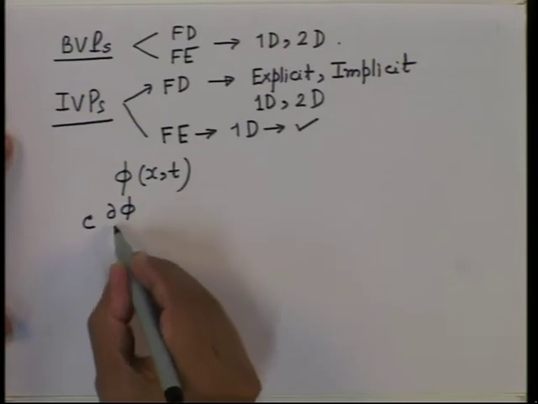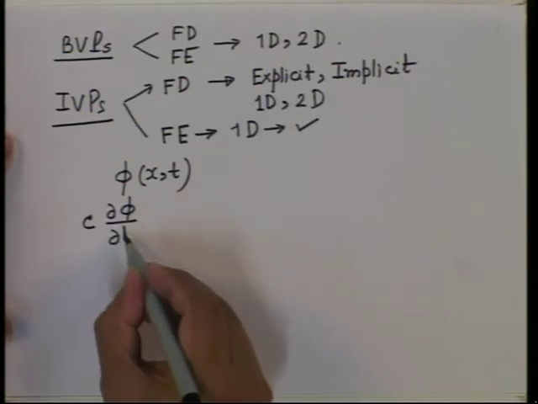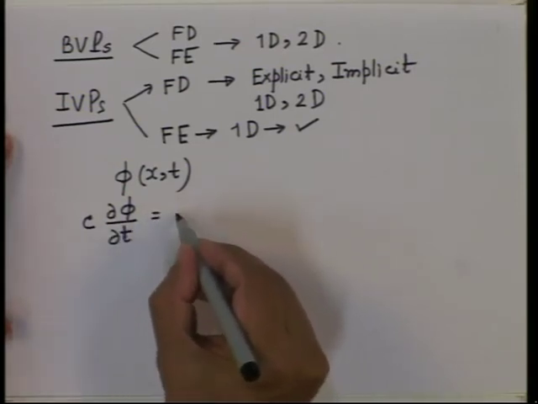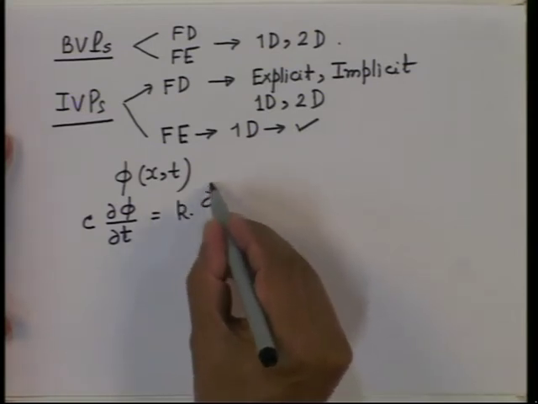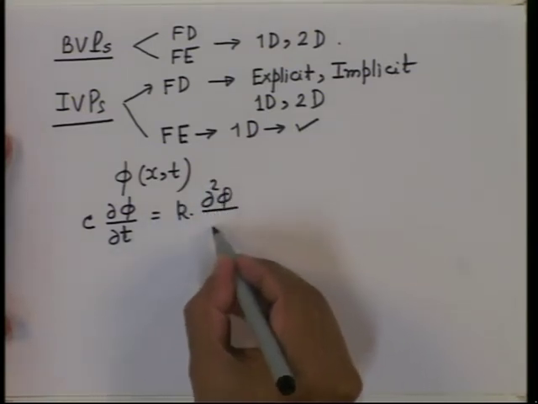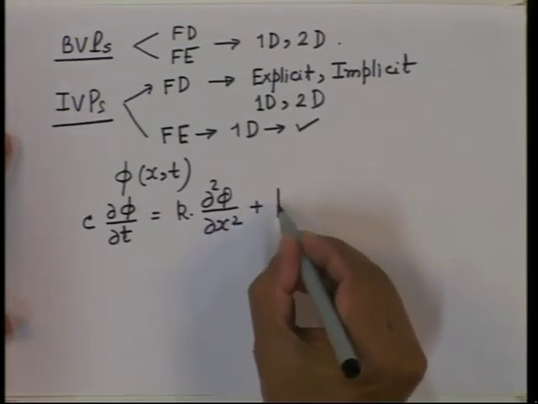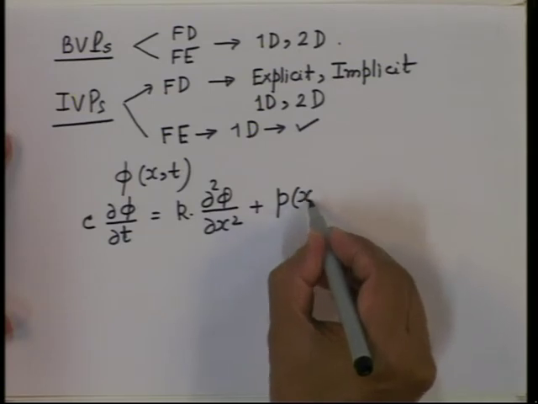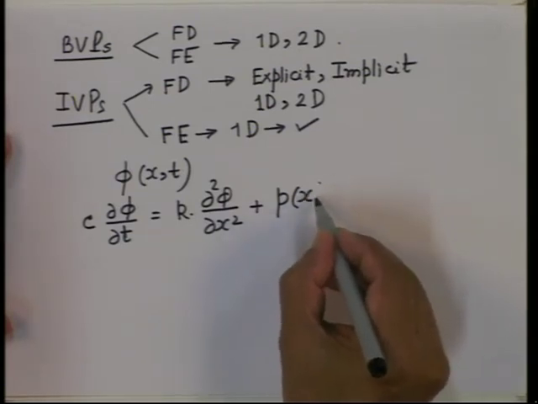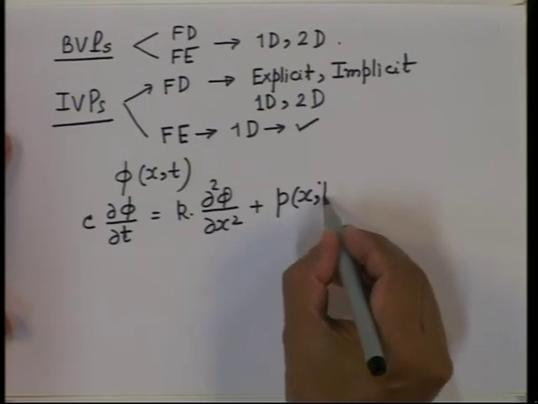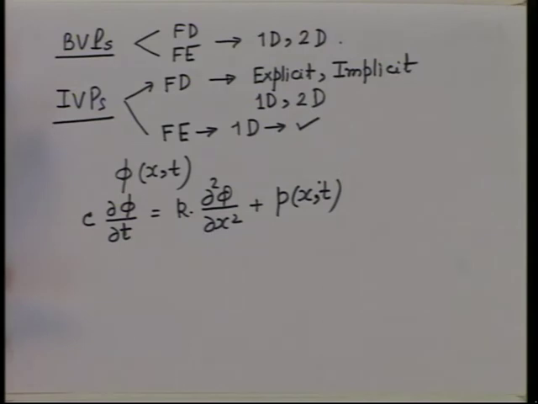For example, del phi by del t equals k times del square phi by del x square plus p(x). It can also be a function of t, p(x,t). This is the transient heat equation.